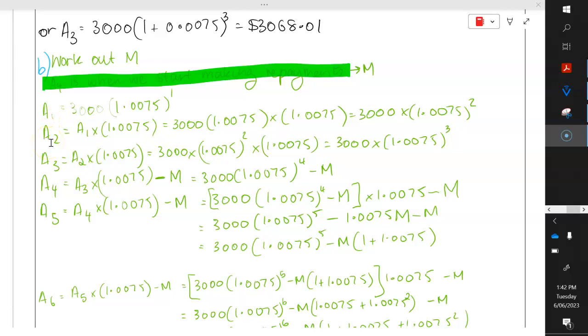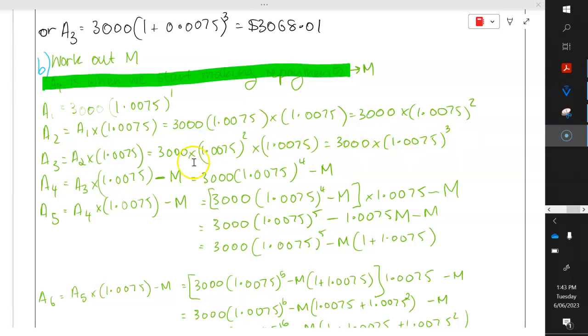After the 2nd month, we're going to get our 1st month's payment and increase that with our interest as well. So I've got my 1st month here and popped it in here and times that by 1.0075. And I've got this one here. Similarly for A3, I put my A2 in there and increase that with my interest. So there it is there, and times that by my interest again. So we're back to this top one we had up above. They were the first 3 months where we had to have no payments made.